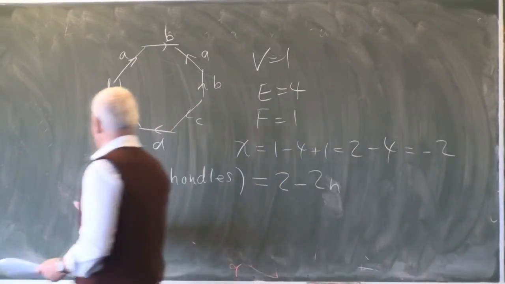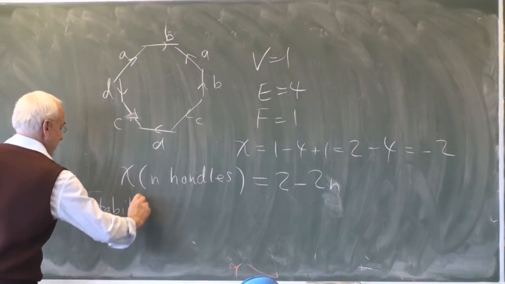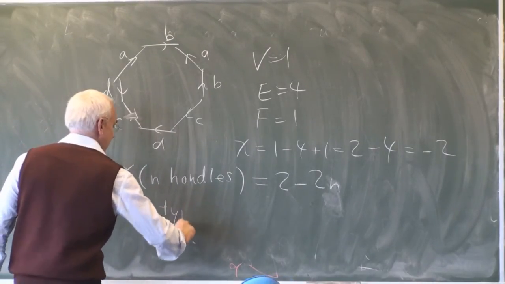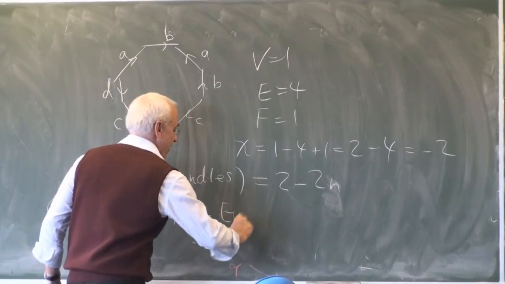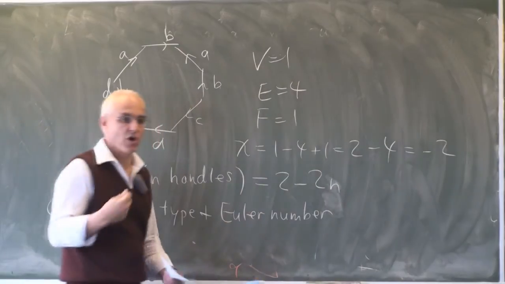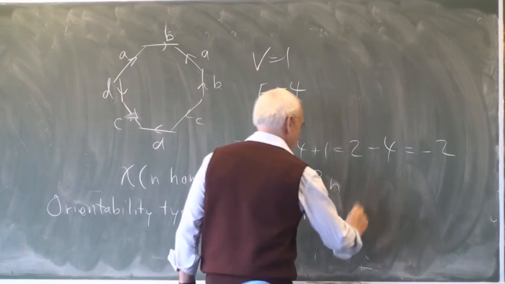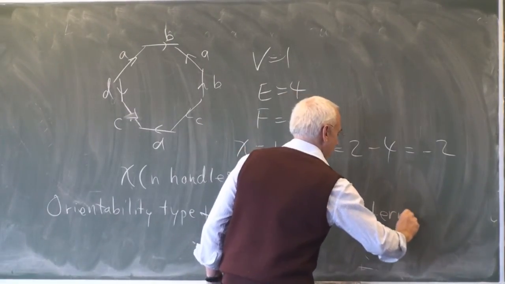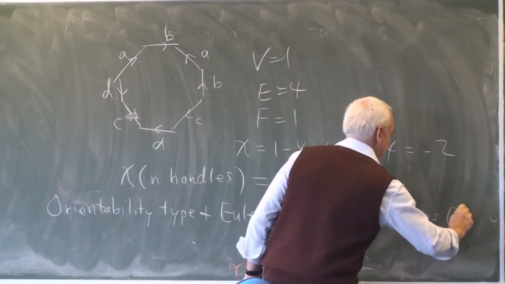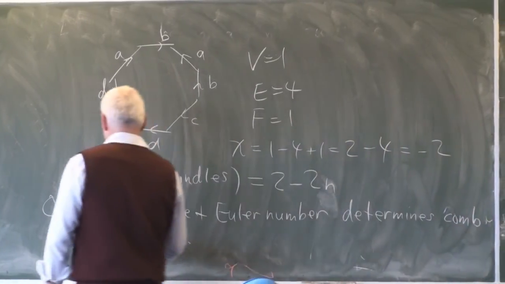So the orientability type plus the Euler number determines the combinatorial surface completely.